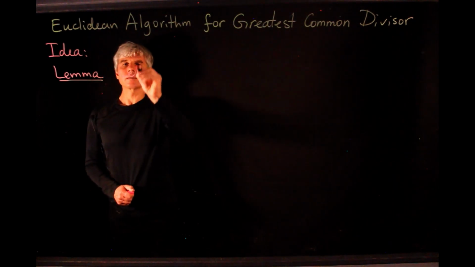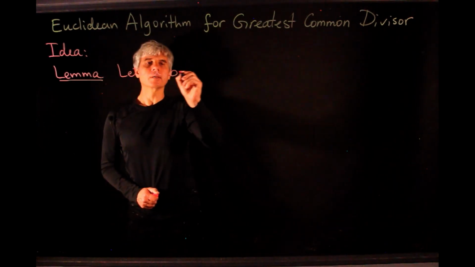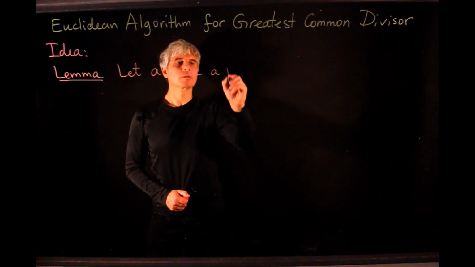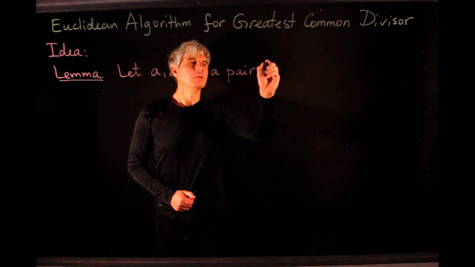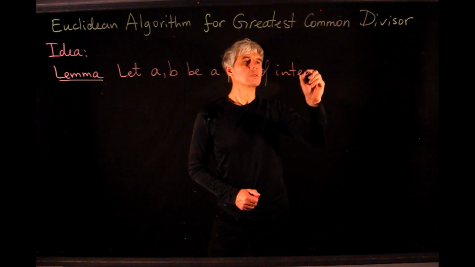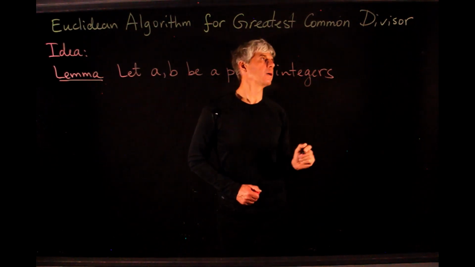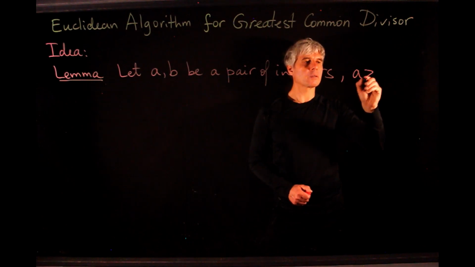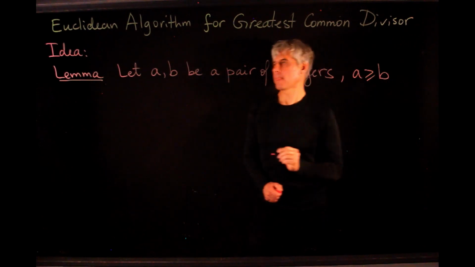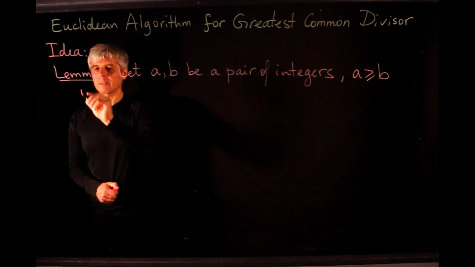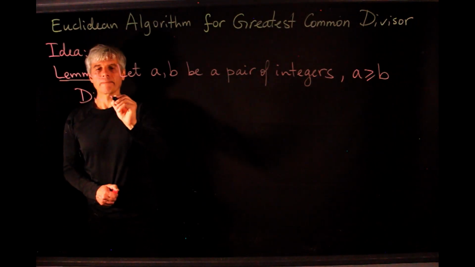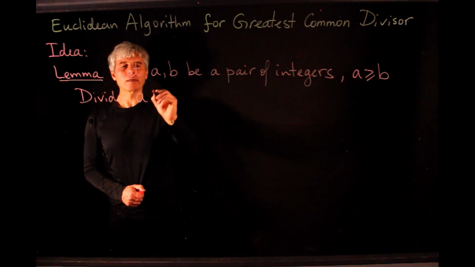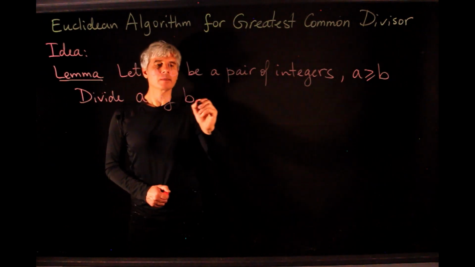Let a and b be a pair of integers, and let's assume that a is greater than or equal to b. Then divide a by b with the remainder.